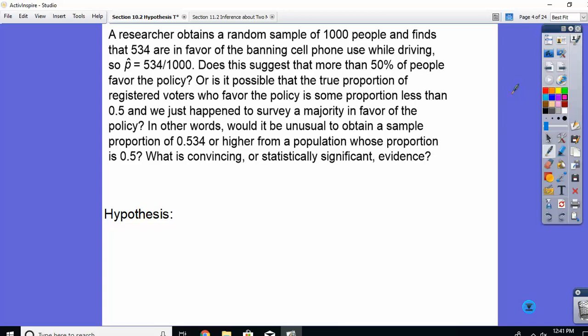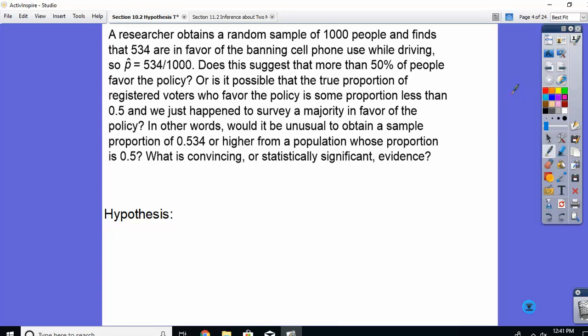Okay, so let's look at this. A researcher obtains a random sample of 1,000 people and finds that 534 are in favor of banning cell phone use while driving. So that's our p hat, 534 over 1,000. Does this suggest that more than 50% of people favor the policy?